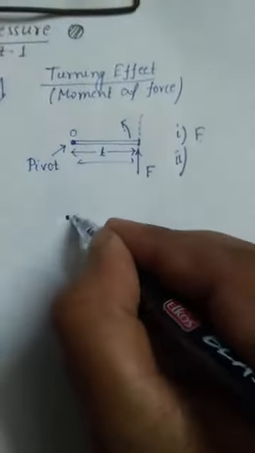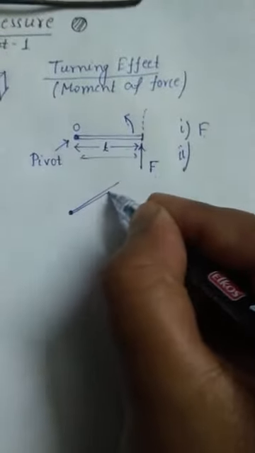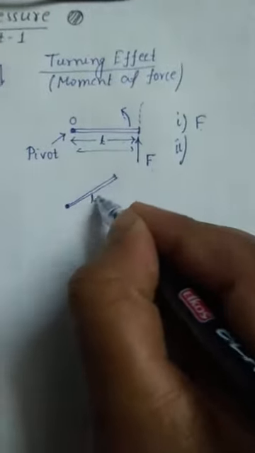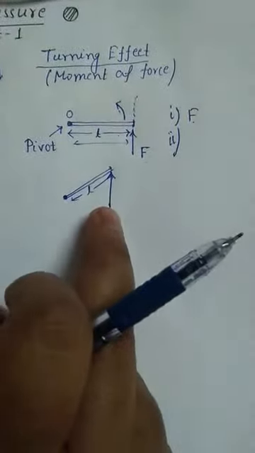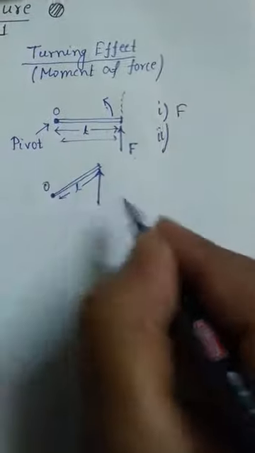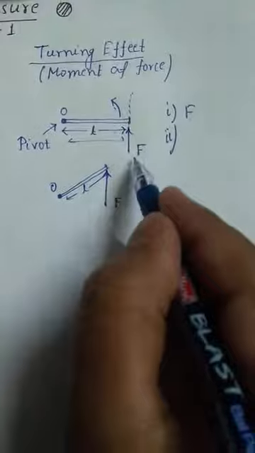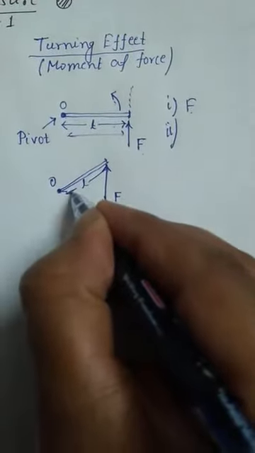Let me give another example. Suppose the pivot is here and the rod is like this, of length L. Now I am applying a force here. Look at this, the consequence is a little bit different. What is the distance between the point O and the force here? I have just said the perpendicular distance. That means this is the distance.